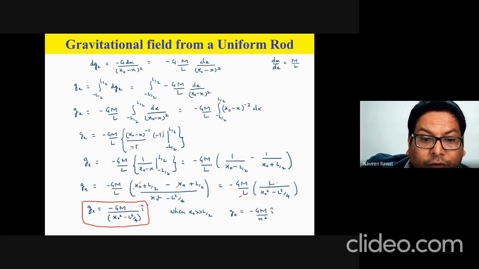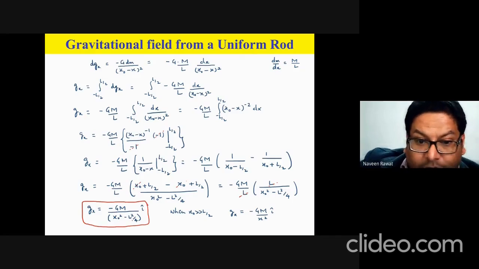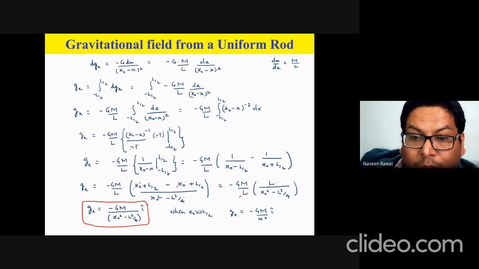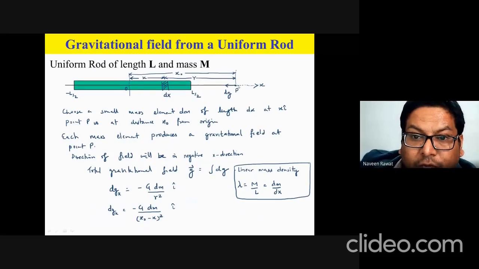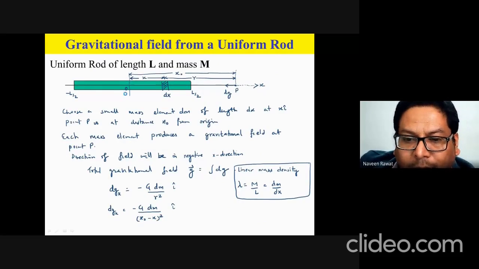And this is your expression for the gravitational field in the x direction created by a uniform rod. And it depends on the length of the rod. Again, this expression should make sense. What if the point that you're considering is very, very far away from this rod? Then this rod will look like a point particle.